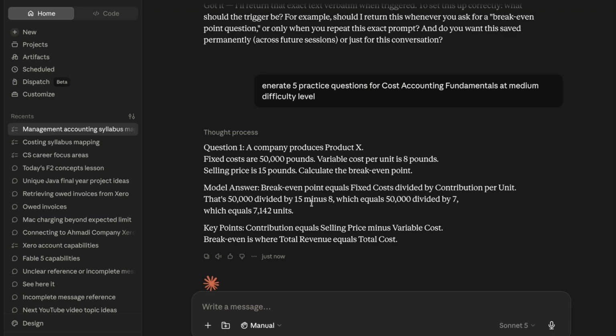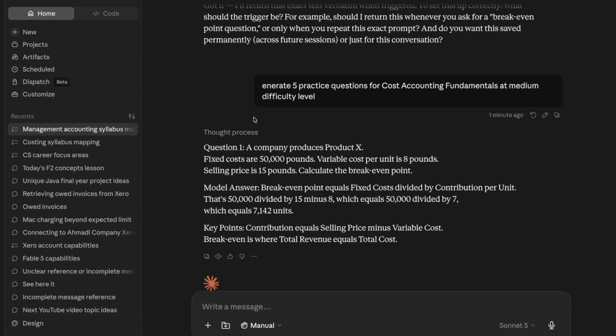That's 50,000 divided by 15 minus 8, which equals 50,000 divided by 7 and equals 7142 units. Key points are contribution equals selling price minus variable cost. Break-even is where total revenue equals total cost. Look at that. Full question, full answer, explanation included. Common mistake is highlighted. This replaces expensive question banks.